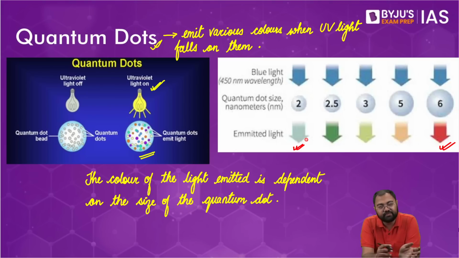How it selectively passes through is a little beyond what is required at our level. Just remember that these are based on the various components of the white light, and what component of the white light will be emitted depends on the size of this particular quantum dot.